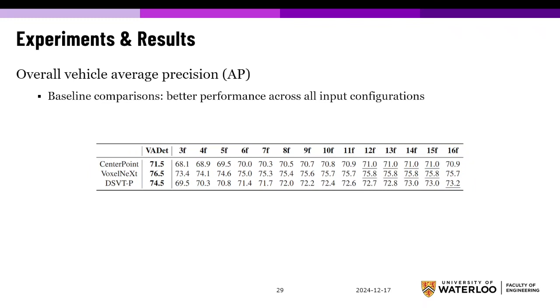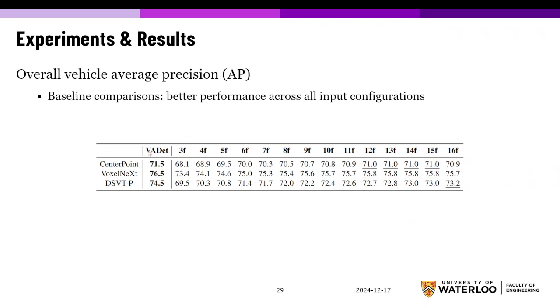First of all, I want to present some overall performance in terms of average precision. This is the baseline comparison between the VADet method versus all the fixed input configuration methods. Just to note that because we're evaluating over a wide range of input configurations, this is not coming from individually trained models, but from a single model using our random aggregation training strategy.